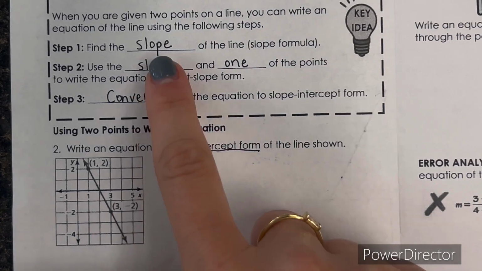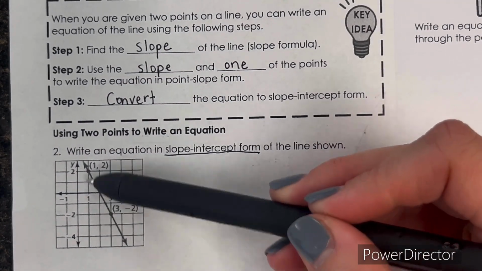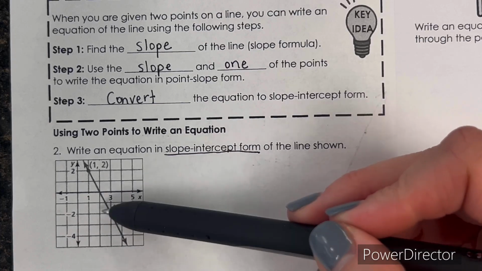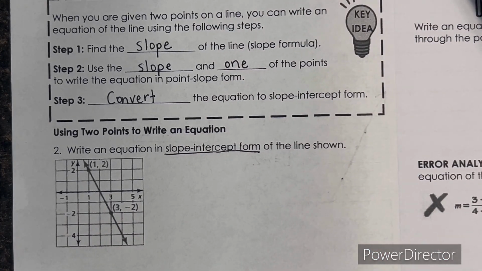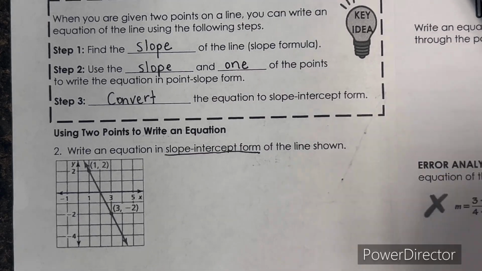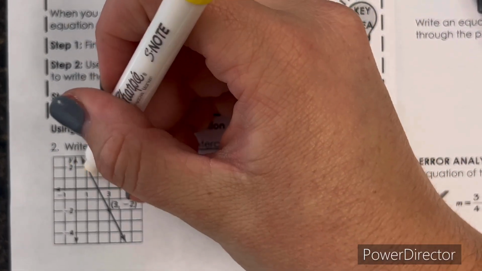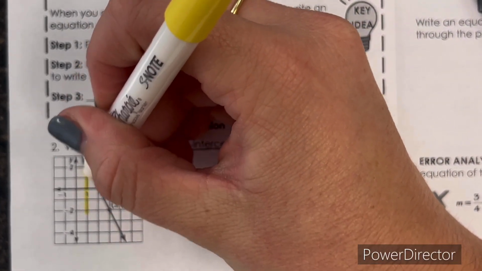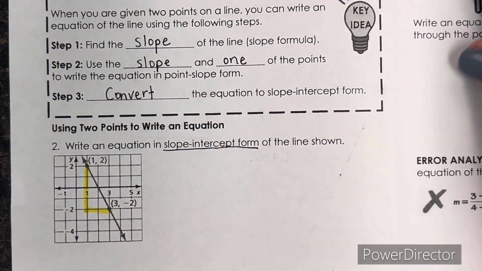So here we go. Step number 1 was to find the slope. Since this is a graph, I can do the little rise over run triangle. I don't have to worry about any formula. The rise over run triangle is how you move on the graph to get from one dot to the other. You always read a graph from left to right, so we need to start on the left. I need to move down, and then I need to move to the right.